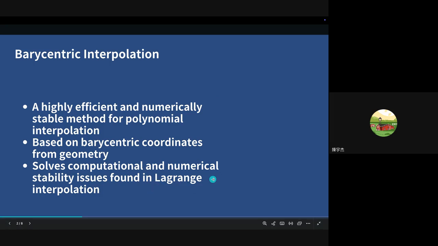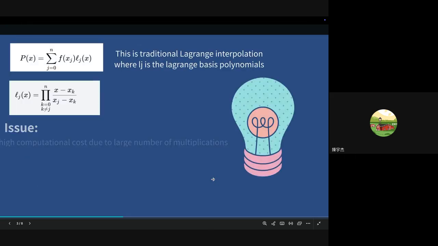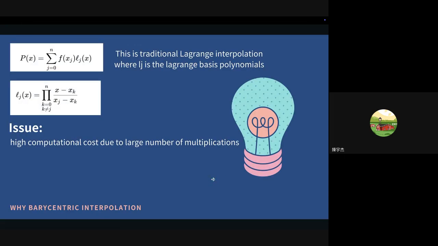The formula name is Lagrange interpolation. So why don't we use the traditional interpolation?